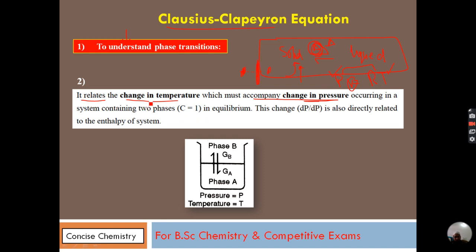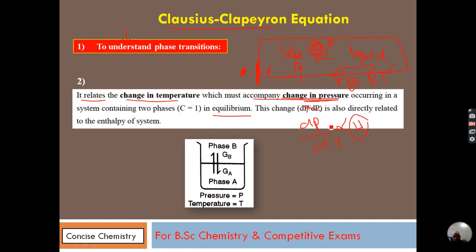So this change in temperature must be accompanied by a change in the pressure, when these things are in equilibrium. For example, here we have a one component system, two phases. So this change in pressure due to change in the temperature is directly related to the enthalpy of the system.